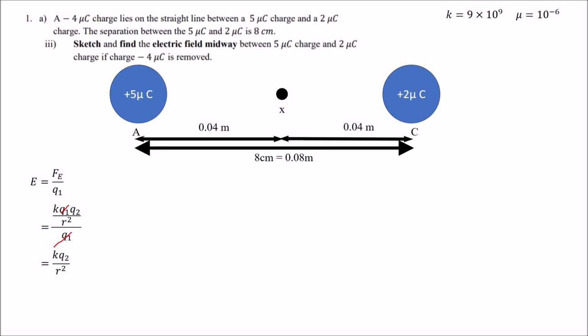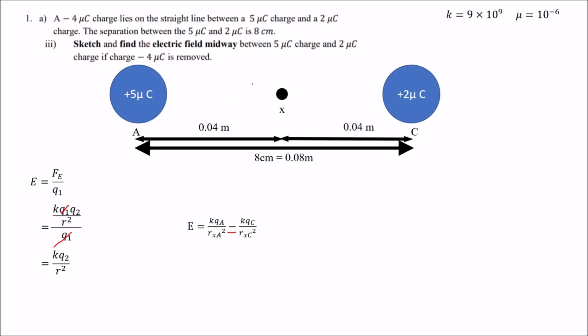Now let's move on to the calculation part. We can put in the value, we can put in the equation. It will be k Q_A over r_XA squared. So the distance between X and A will be r_XA squared. So we just follow the equation. And then why is there a negative over here? Because the electric field is acting in the opposite direction.